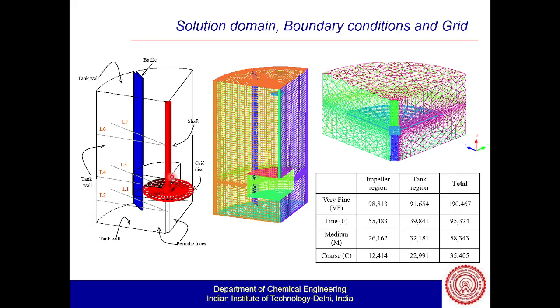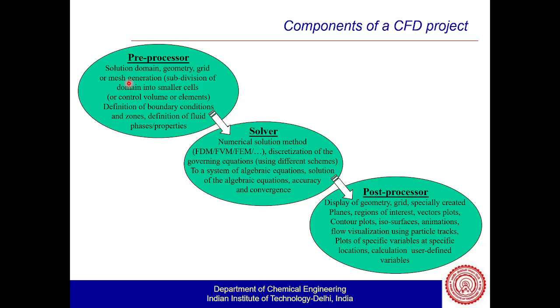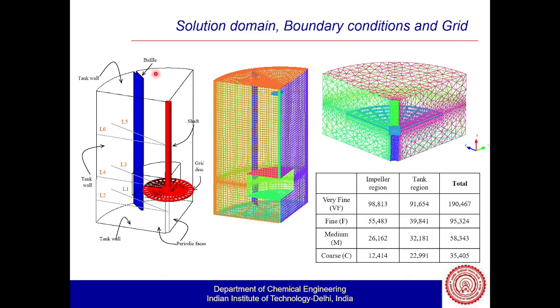Generally, we follow the no-slip boundary condition, so the velocity of the fluid is zero at the wall. These are the boundary conditions I'm talking about here. Then different zones are there, definition of fluid phase and property. Typically here there is only one zone because the whole thing is filled with fluid. You can divide the domain into different zones depending upon the complexity of the problem itself.